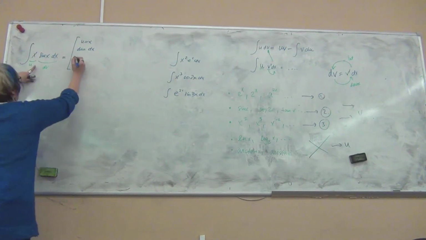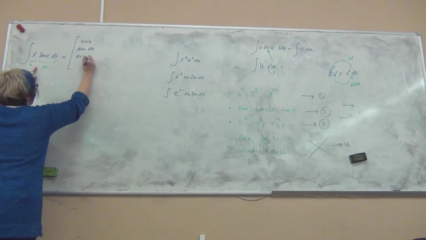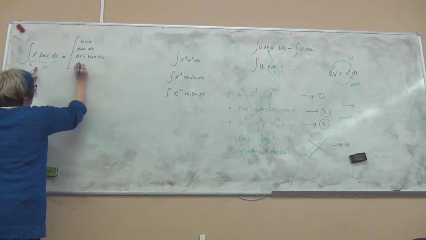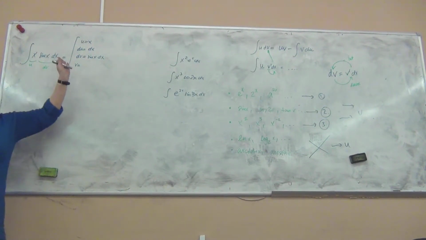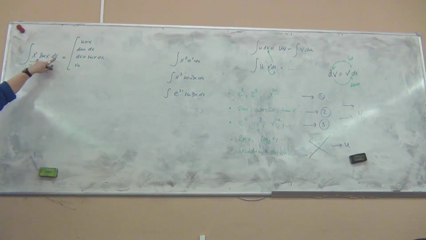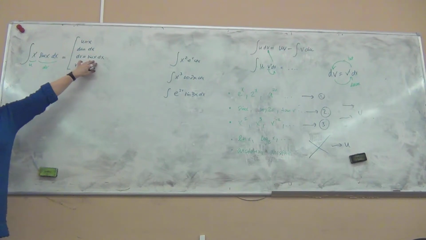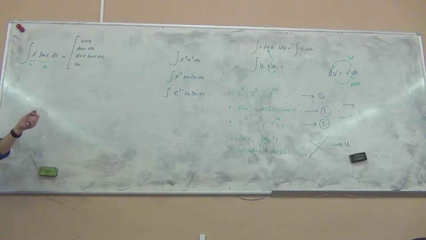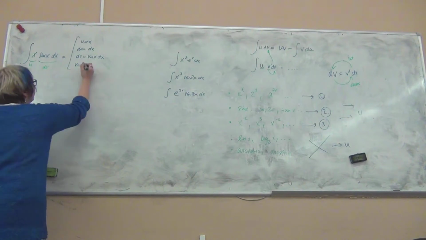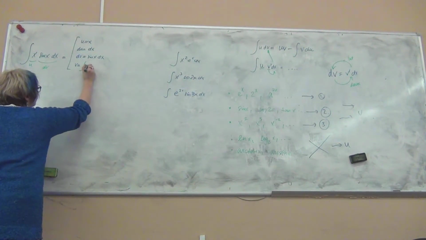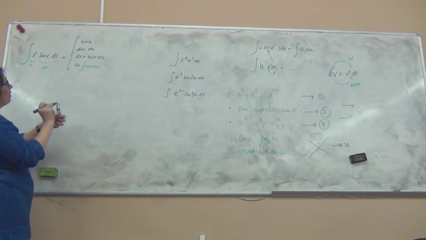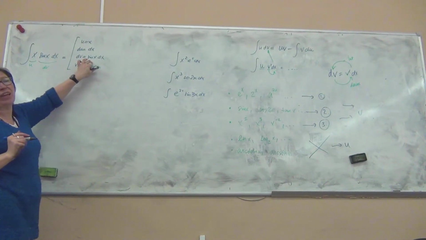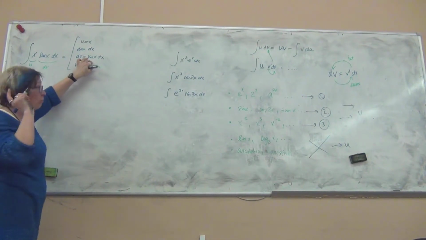So now I see that dv is sine x dx, and to find v, actually I have to integrate this. This is the partial integral. I'm integrating only a part of this. So v can be found by integrating this. It's not always strictly necessary to write this down. That's why I put it in green, because I actually know that sine x is the derivative of minus cosine.